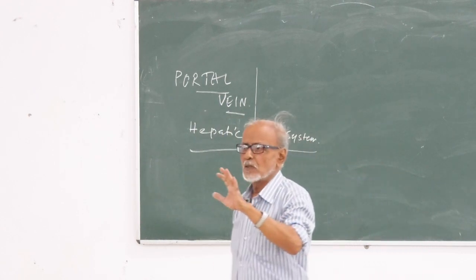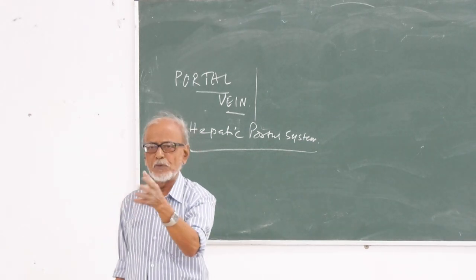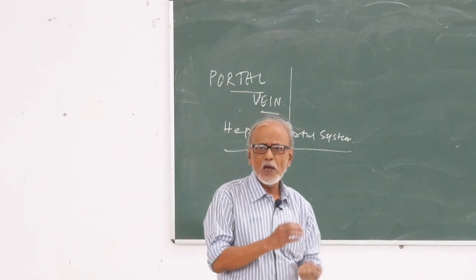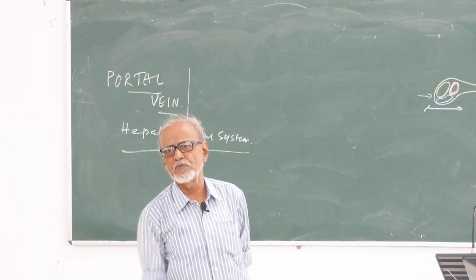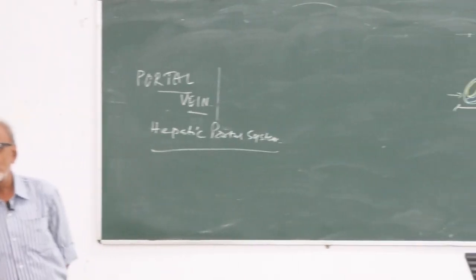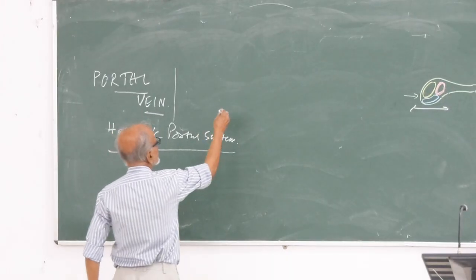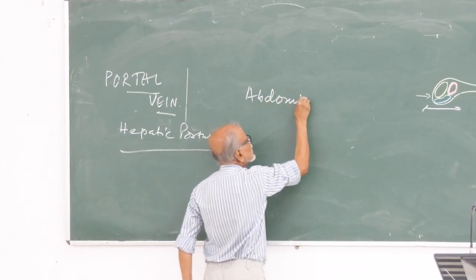এবার তাহলে পোর্টাল ভেন যেটাকে নিয়ে আমরা কথা বলছি, it will be beginning in the capillaries. So let us see first where we will be finding such capillaries in case of this portal vein. We will be finding such capillaries in all the segments of the abdominal part of GI tract.